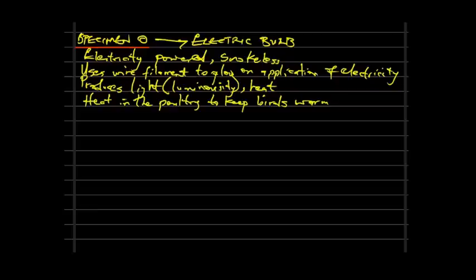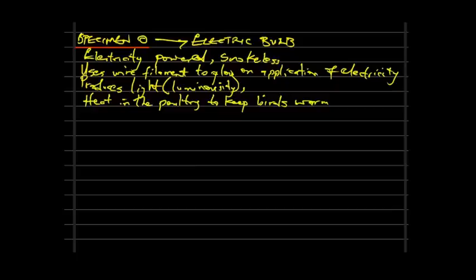We know that it is electrically powered and smokeless. It uses wire filaments to glow when electricity is allowed to run through it, and then it produces light for us to be able to see, and also generates heat energy. The heat energy gives warmth for the birds in the poultry. So that is that about specimen O.